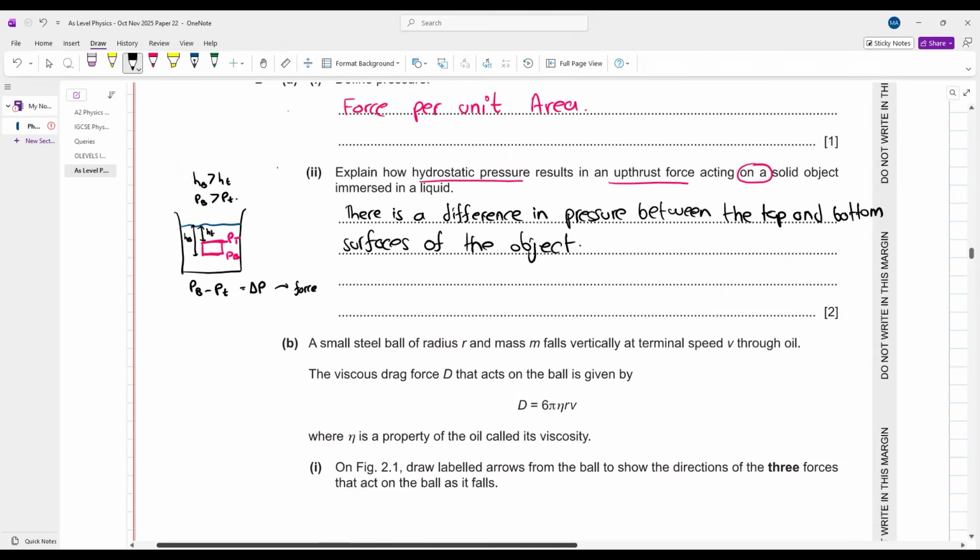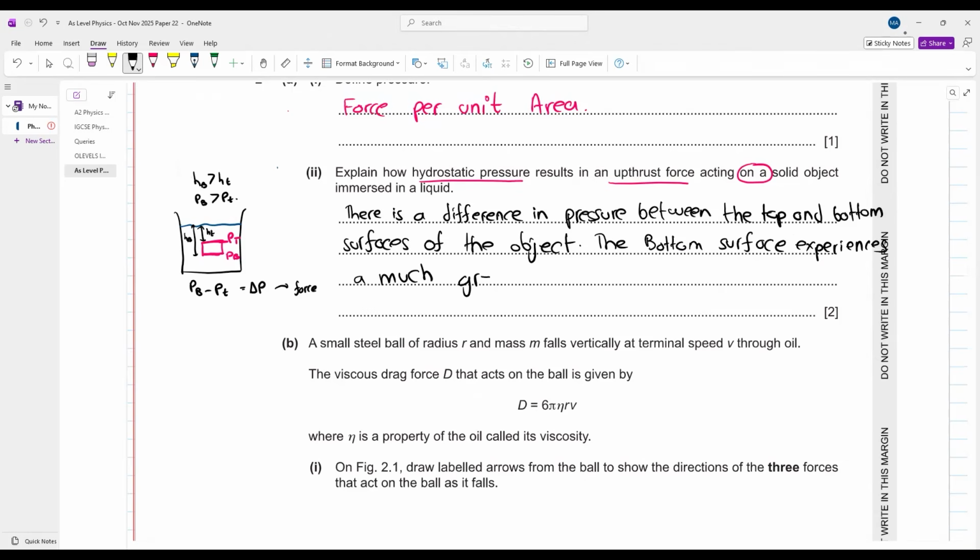What will you further say? Beta, further क्या कहोगे? The bottom surface experiences a greater pressure. Hence, the force on the bottom side is much greater compared to the force on the top side. तो ये लिख लो. The bottom surface experiences a much greater pressure compared to the top surface.